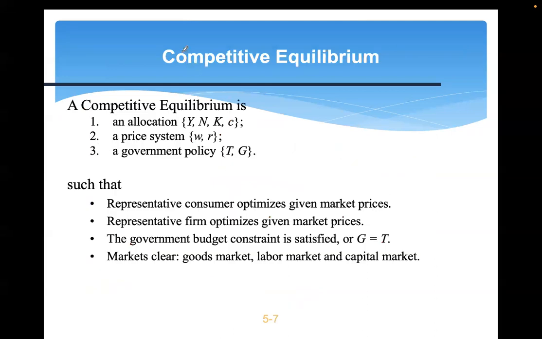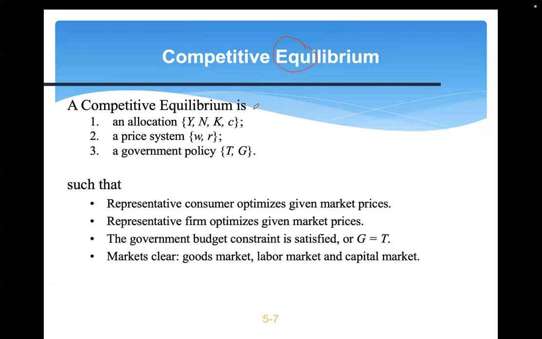Now we are going to define a competitive equilibrium for this model. First of all, what is equilibrium? Equilibrium essentially is a situation or a state in which no one has an incentive to deviate, change, or modify their behavior.